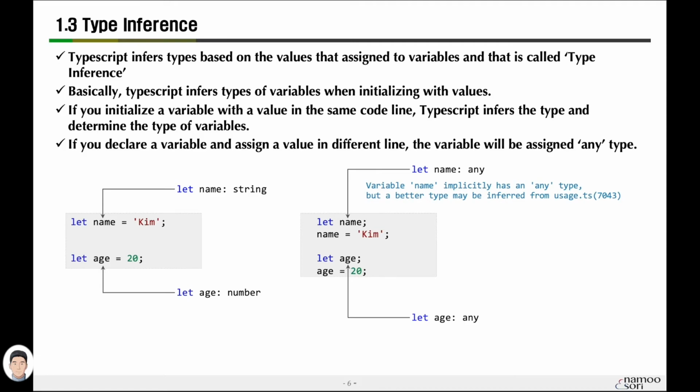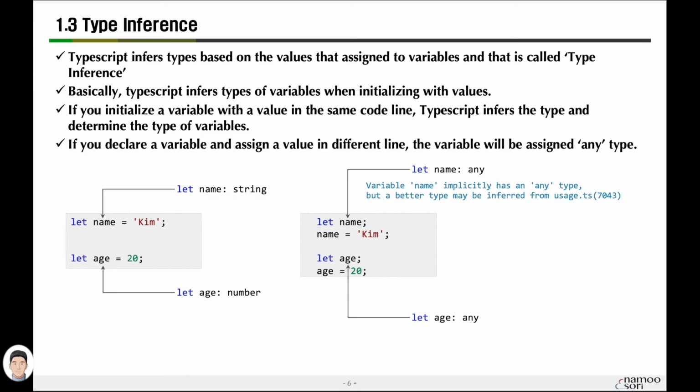So, if you declare a variable and assign a value on the same line, the variable will be specified as the same type as the value. This name, which has become a string type variable, can only store string values in the following lines. If you look to the right, I declare a variable and do not assign a value to it. Then this variable automatically becomes any type.